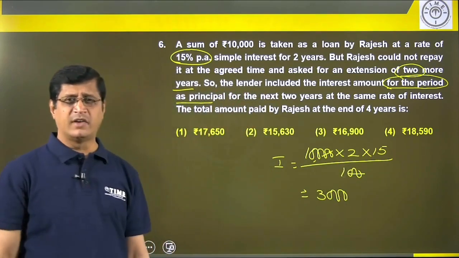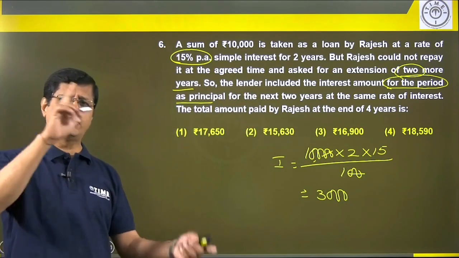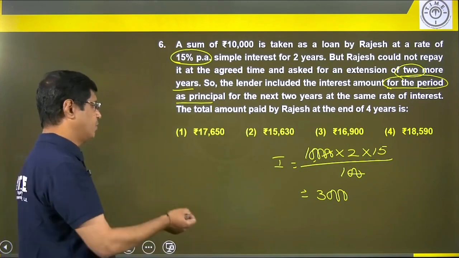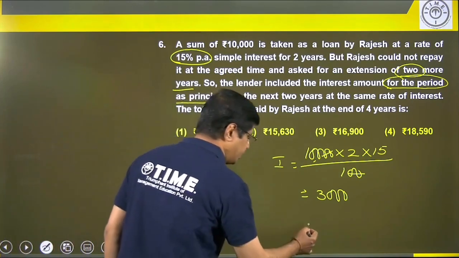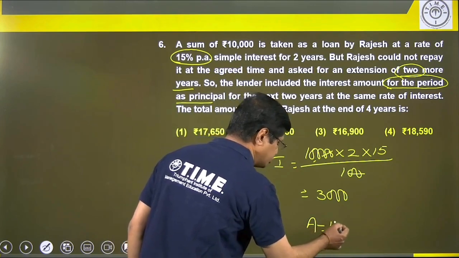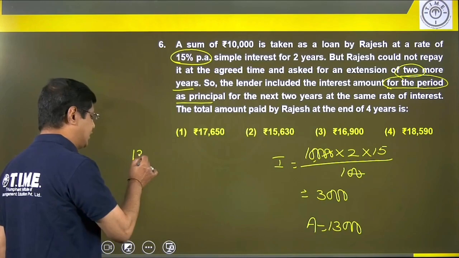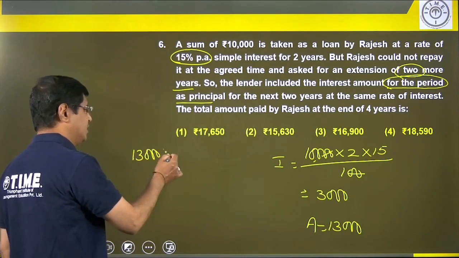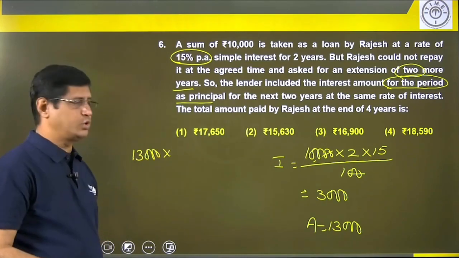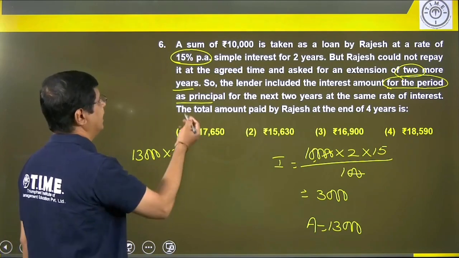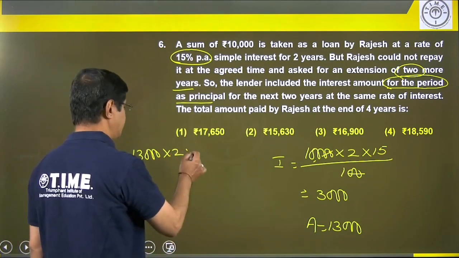What happened here? After 2 years, the interest is added to the principal, then it becomes the amount. So what is the amount at the end of the 2 years? 10,000 plus 3,000, that is 13,000. Now 13,000 is taken as the principal. The extended period is 2 years. For 2 years at a rate of, what is the rate? 15% per annum.